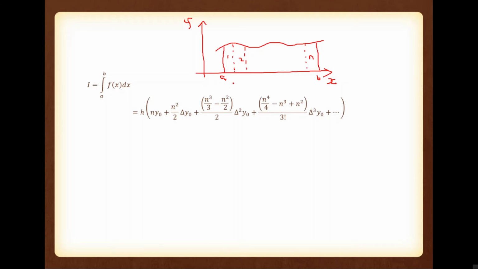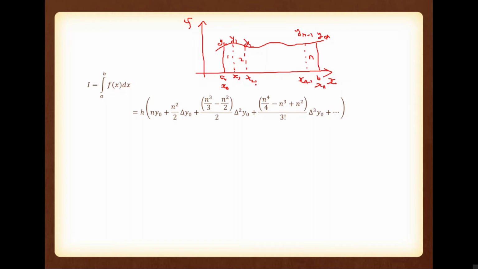Those n plus 1 points are the finite data. The starting point a is x0 and the corresponding value is y0, this is x1 with y1, this is x2 with y2, this is xn minus 1 with yn minus 1, and the last point b is xn with corresponding value yn.